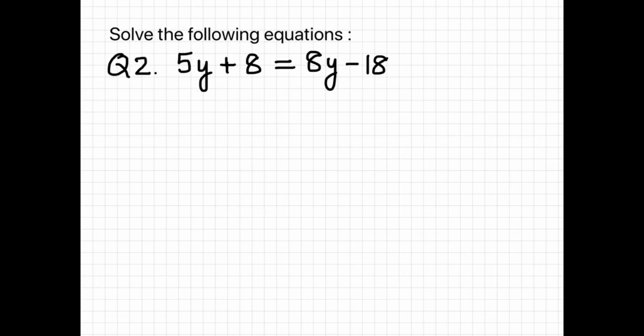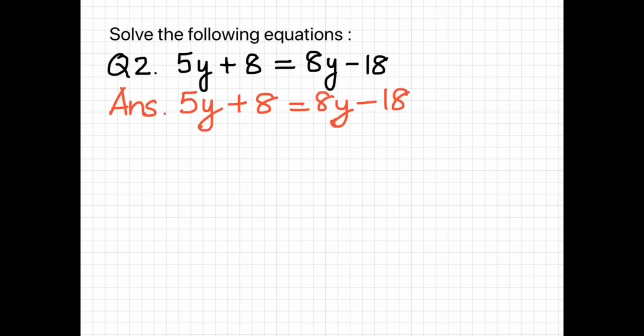Let us now look at the second question. 5y plus 8 is equal to 8y minus 18. Now look at this question. You can see that the variable term is present on both sides of this equation.